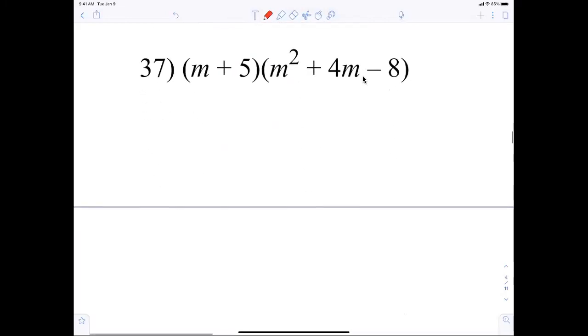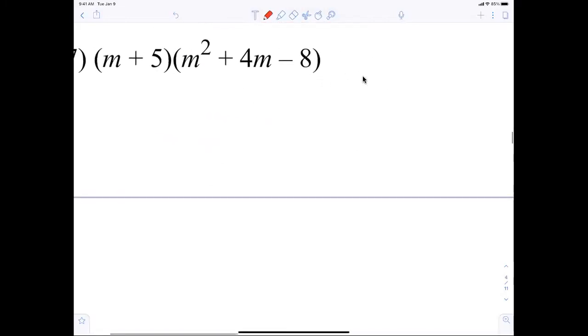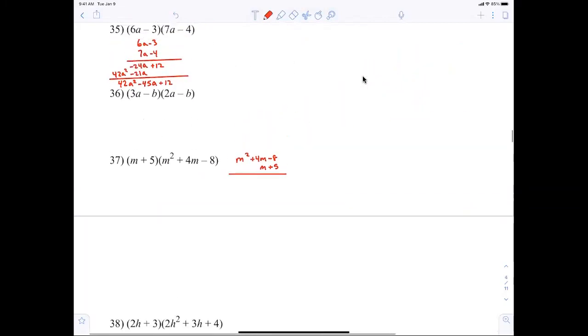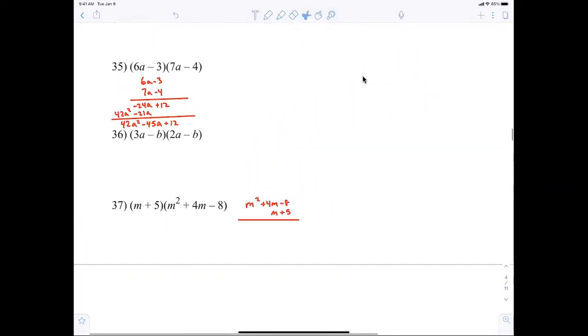All right, 37. Here we go. m squared plus 4m minus 8, m plus 5. Why don't you add the two exponents?